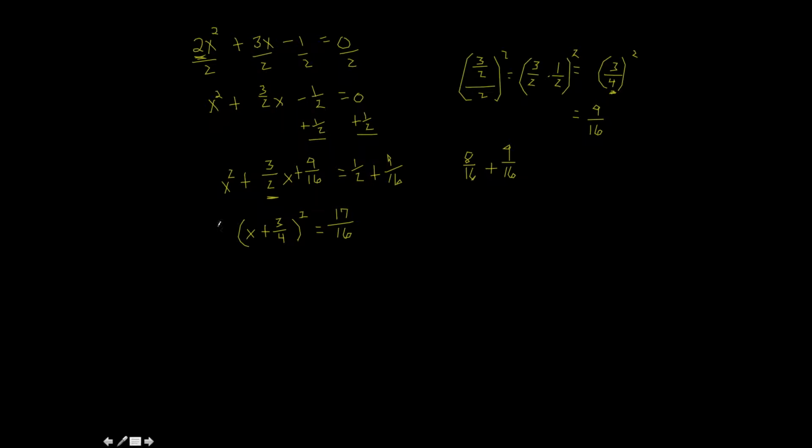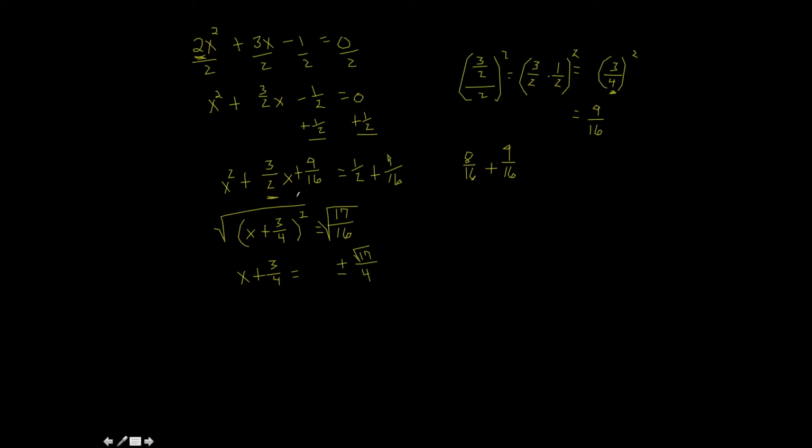Okay, so take the square root of both sides, and that's going to leave us with x plus 3/4 equals plus or minus the square root of 17 over 4. The square root of 16 is 4, the square root of 17 we can't do, so we leave it like that.